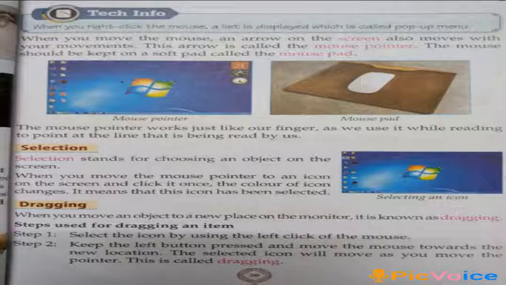Then step 2 is press the left button and move the mouse towards the new location. Then step 3 is releasing the mouse button when the pointer is at the new place, and it is called dropping.